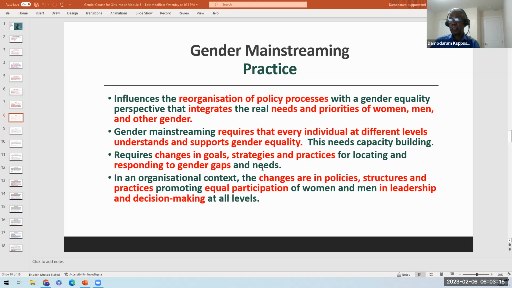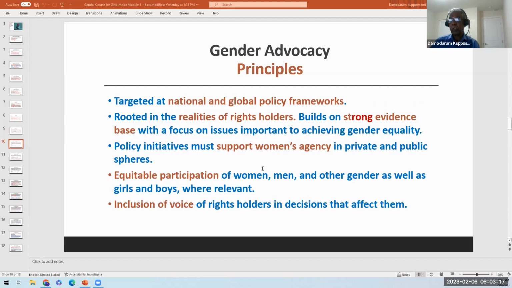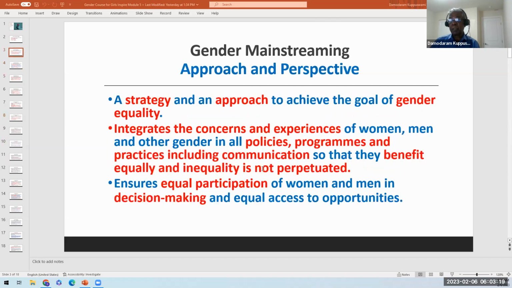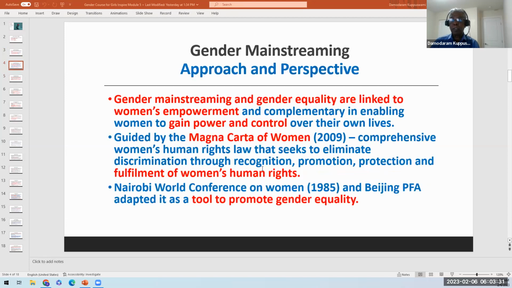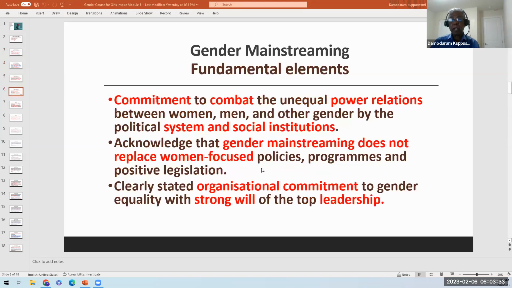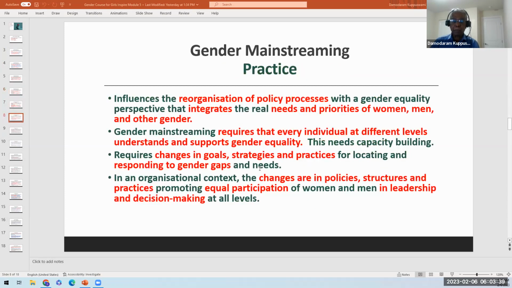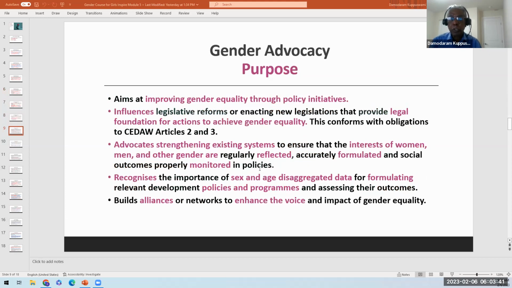These are the aspects that we need to look into. So what we have done in terms of gender mainstreaming is look at what approaches and strategies guide it, what the fundamental elements are, and how those elements are translated into practice. Let me pause and see whether there are any questions so far.